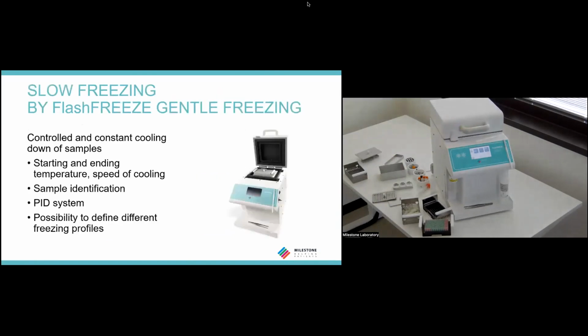Today, I would like to focus our attention on the slow freezing because, as I explained before, it allows to better preserve the viability of samples. So in Flash Freeze, we have a gentle freezing. Gentle freezing is a controlled and constant cooling down of samples. It is controlled because it gives the possibility to decide the starting temperature, the ending temperature, and the freezing speed.